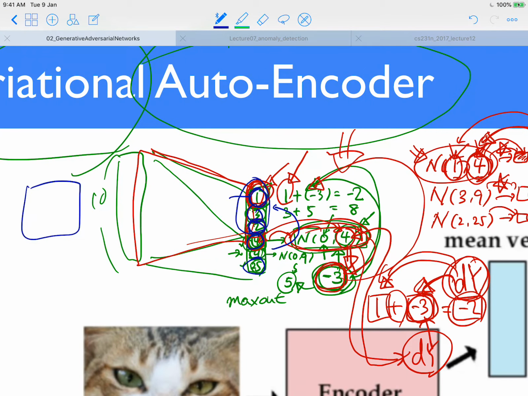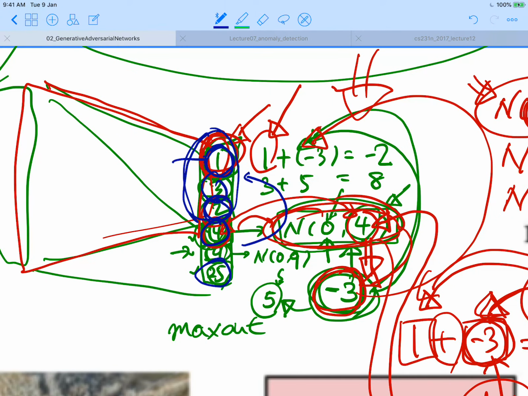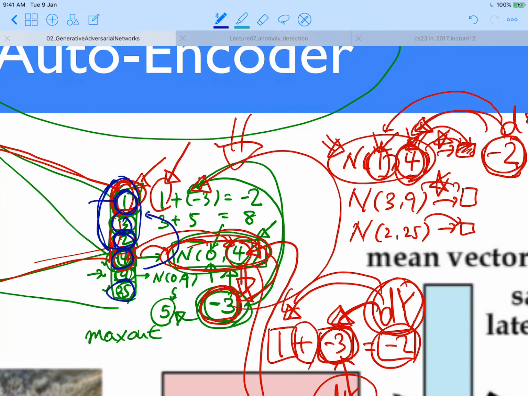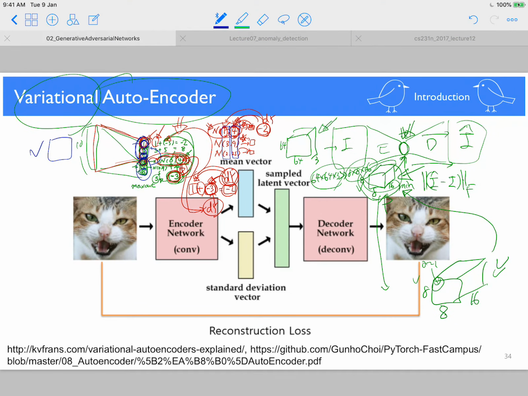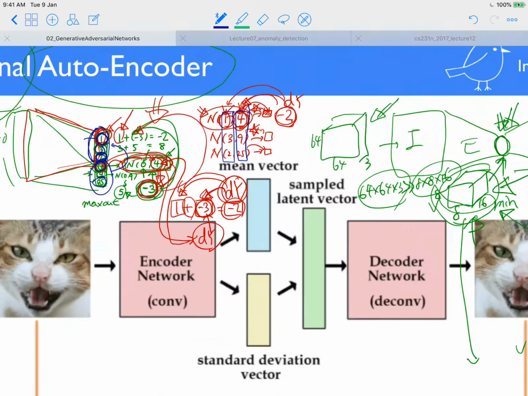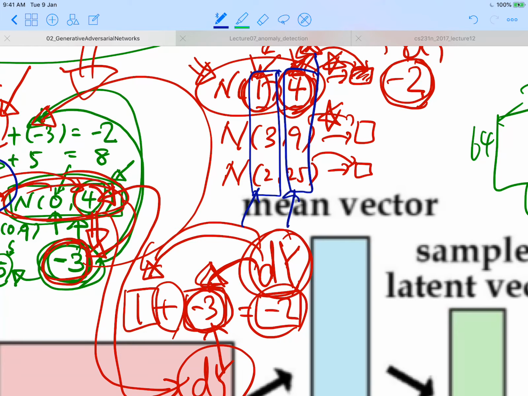Given each of our images, the network will determine its activation value that will work as the mean value, and also the variance value, right? For the first image, out of 100 facial images that we have, it will have its own mean and variance value, and the second image will have its own mean and variance value.